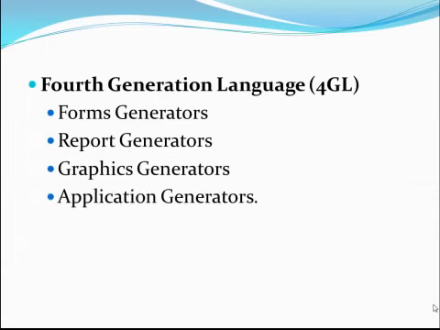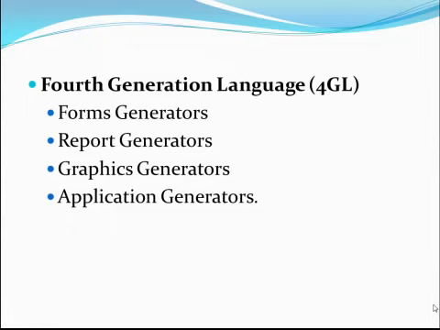And the last one is the application generators. An application generator is a facility for producing the program that interfaces with the database. The use of an application generator can reduce the time it takes to design an entire software application.